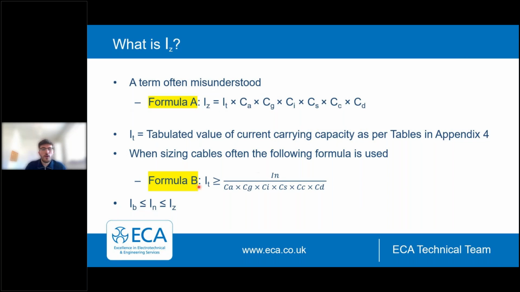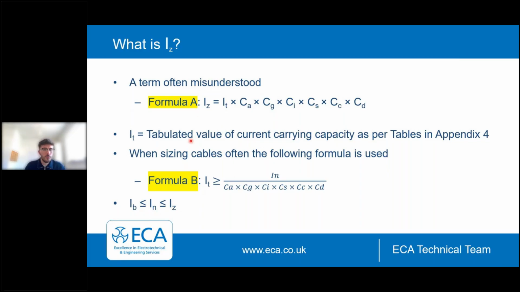So often we apply Formula B instead of Formula A, because it helps to avoid the process of trial and error and repeatability when we're selecting cable sizes in order to achieve IZ being not less than IN. So we're essentially ensuring this part of the equation.